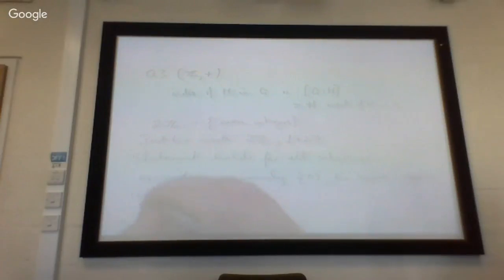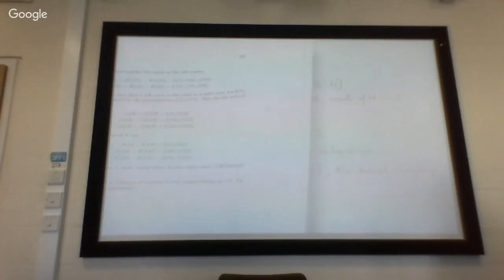How many cosets does this have? What does a coset look like? A coset looks like a little z plus the subgroup.